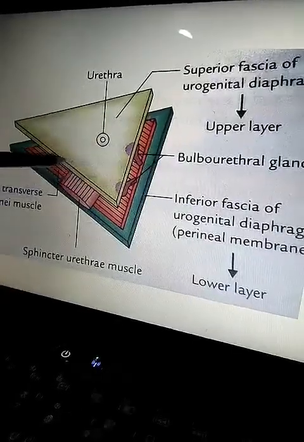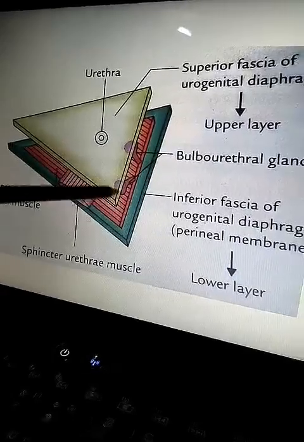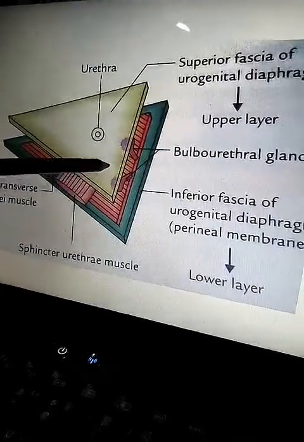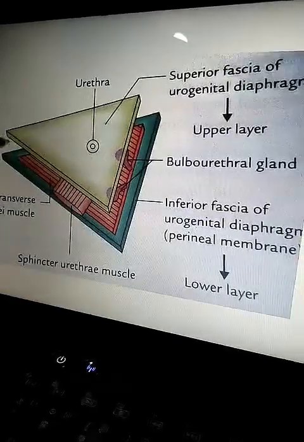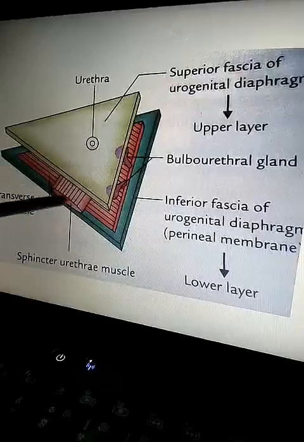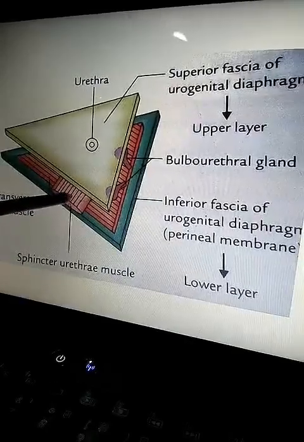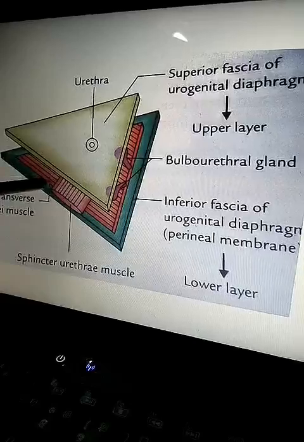Now the urogenital diaphragm must be clear to you. Some more things we will add in that. This urogenital diaphragm is a triangular sheath formed by the sphincter urethrae and deep transverse perineal muscles.